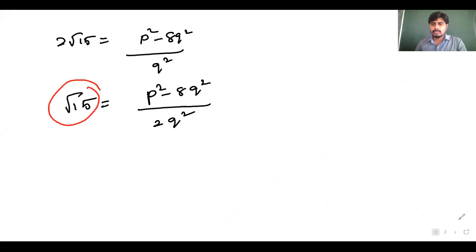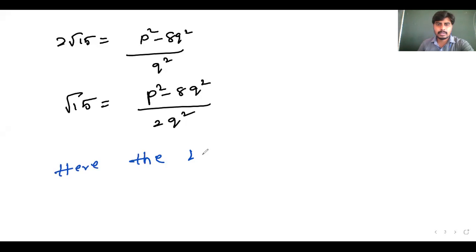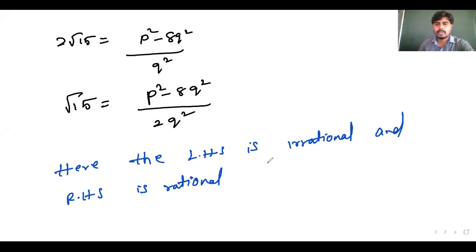Isn't it, Nana? So what we write here, very important. Here the LHS is irrational and RHS is rational, which are not equal actually.